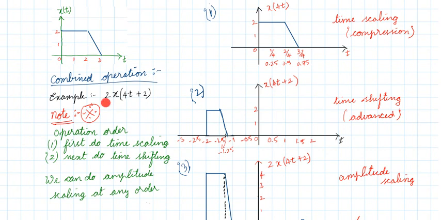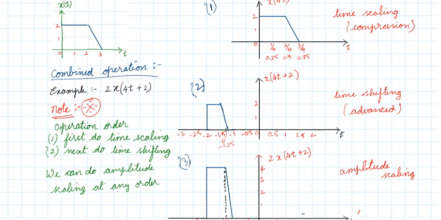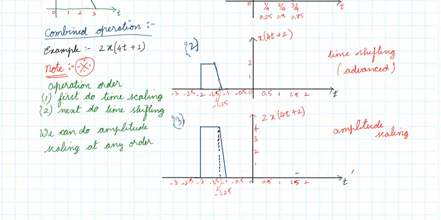Then what is missing? We have found x of 4t plus 2, but we need 2 times x of 4t plus 2. So multiply the entire signal with 2. So instead of amplitude 2, it now goes to 4. Other things are the same.